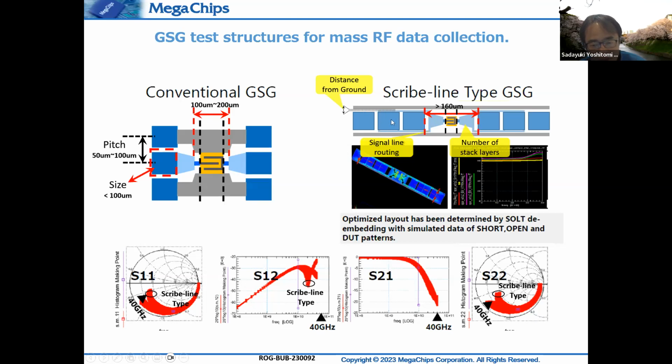The signal path is here and here. To establish a routing line from this signal path to the device edge, we have to route a very long track from here to the edge of the device. Furthermore, the ground line is very close to the signal line, so we have to take into account the distance from ground.